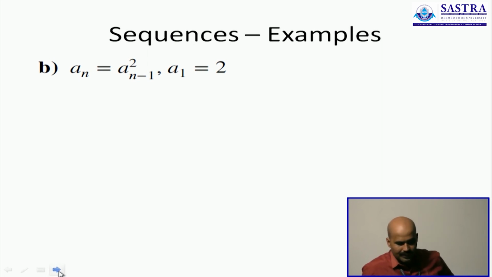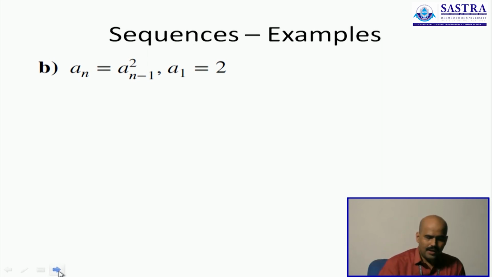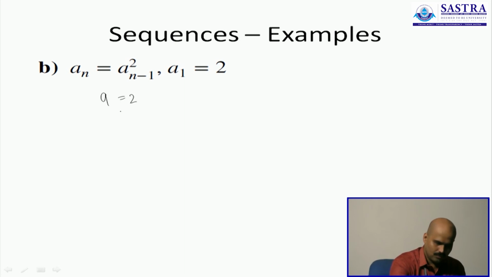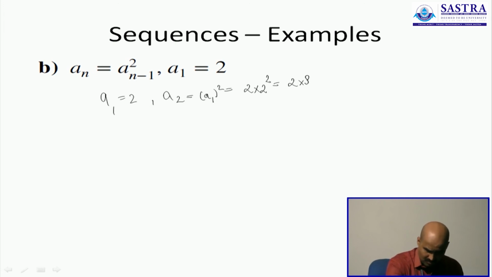And this is an exercise for you to try. An is the square of the previous term. So if A naught is 2, A1 is going to be the square of A naught.